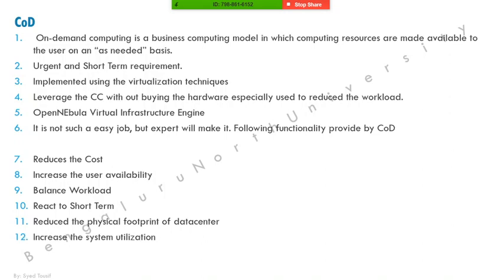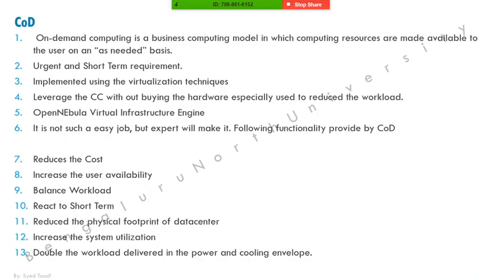It increases system utilization on both sides. The person who is using cloud on demand, that system will be utilized more, as well as the provider of the cloud on demand resources, whose resources will also be utilized fully. It can double the workload delivered in the same power and cooling envelope.